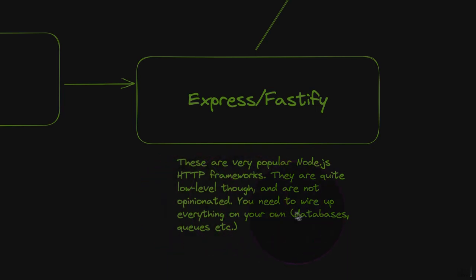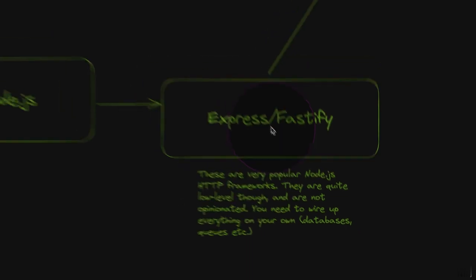So this means you need to wire up everything on your own. This includes how to solve databases, queues, and everything else. Basically, this means that they only allow you to write an HTTP server, but all the other problems you will have to solve on your own by either using different libraries or writing your own.